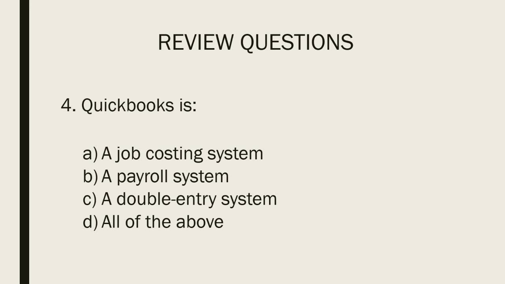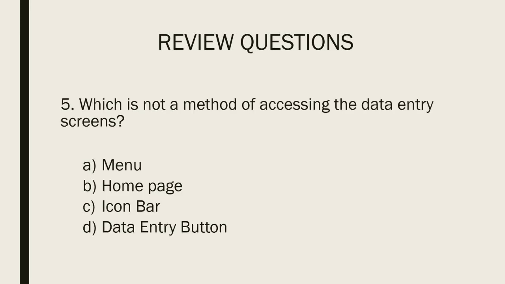Yes, it is a double entry system. It just does it behind the scenes. When we as a user enter in the data, we are using a single entry. But QuickBooks is a double entry because it does the debits equals the credits behind the scenes. When you enter in a transaction, it does it for you. Okay, so D, all of the above, is correct.